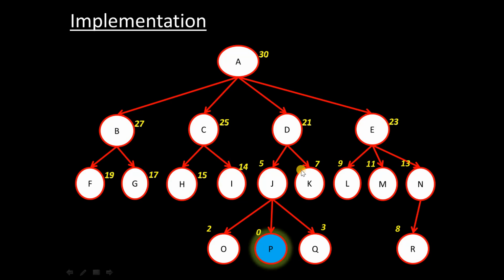Seen from the root to the goal, each node is assigned an integer value, and that integer value is the path cost to the goal node. I think it's clear. So while implementing this, what is the difference between breadth first search and best first search? In the breadth first method, we inserted A into the queue and checked whether A is the goal node.